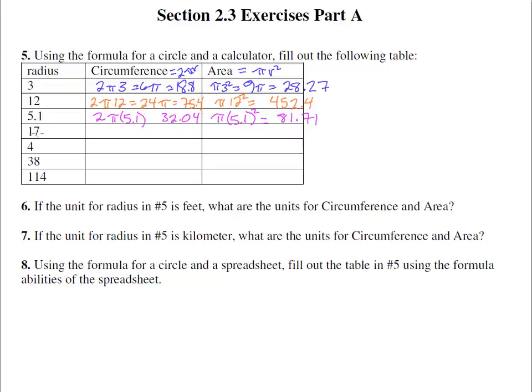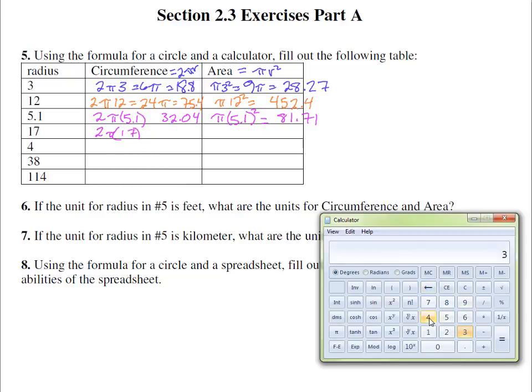Number 5 with the radius of 17. Circumference is 2 times pi times 17, which would be 34 pi. Let's punch that in. 34 times pi equals, we get 106.81.